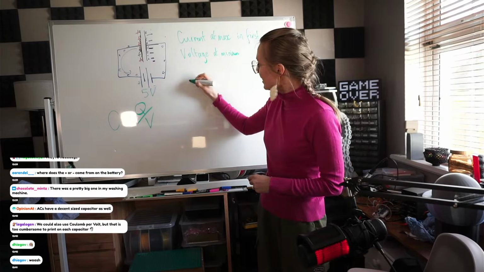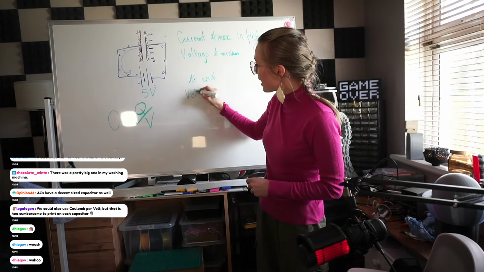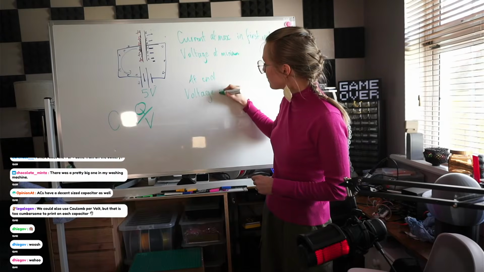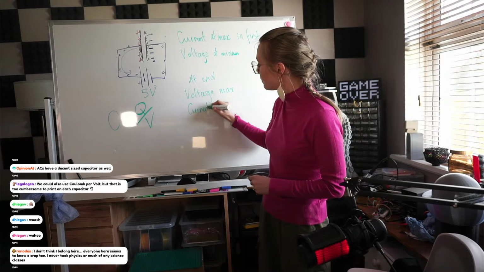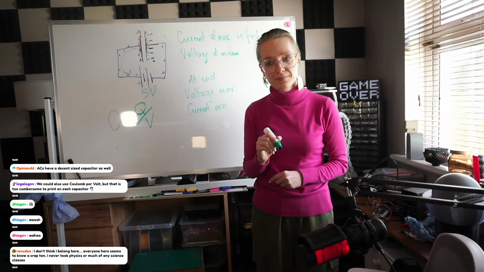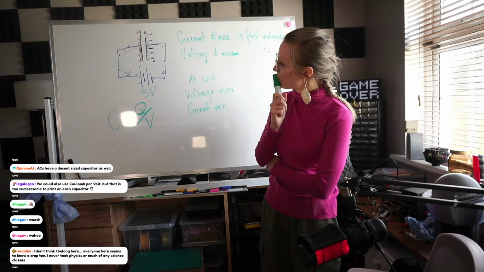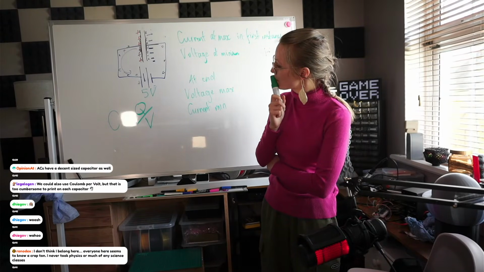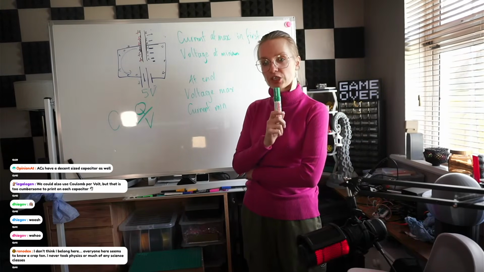So at the end, the voltage is at maximum and the current is at minimum. As many things are in physics, it's not going to be a linear relationship. So we're going to look at that.